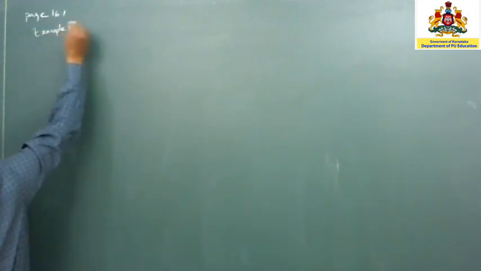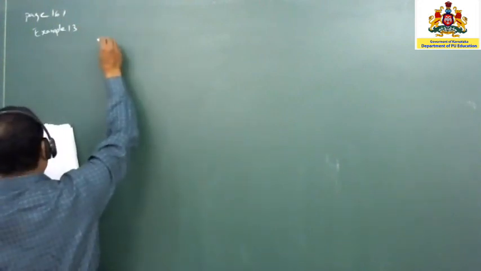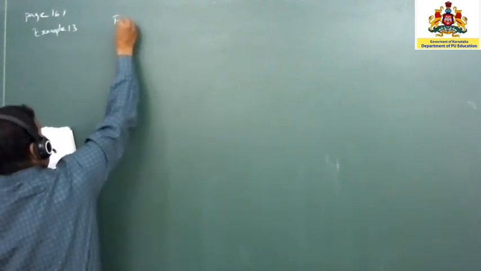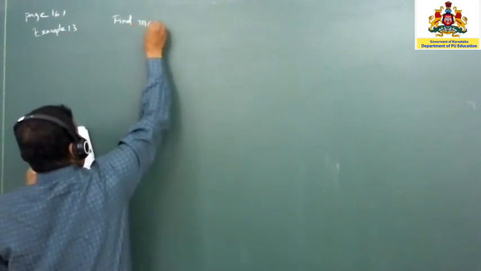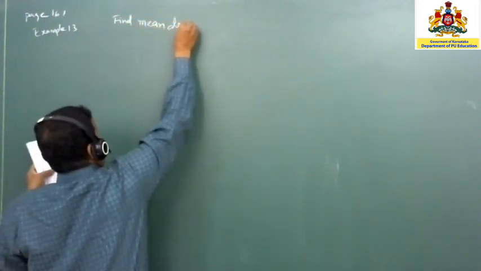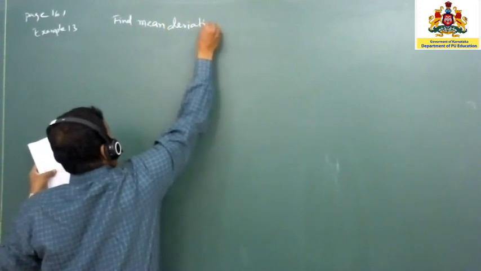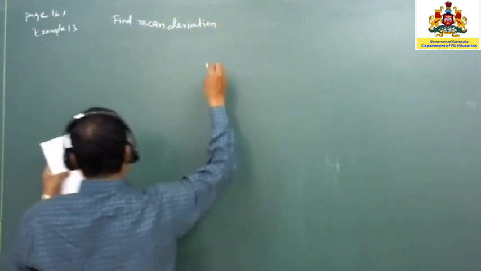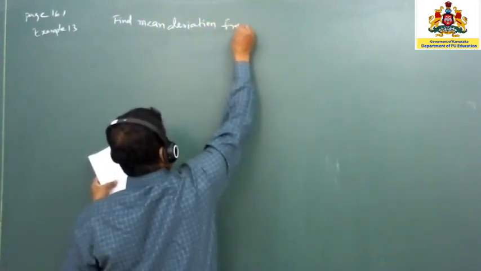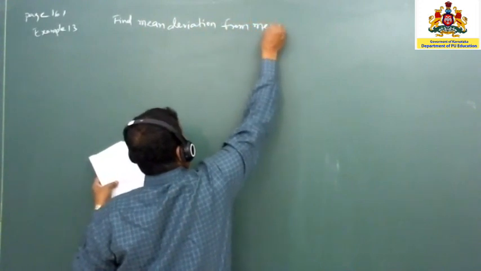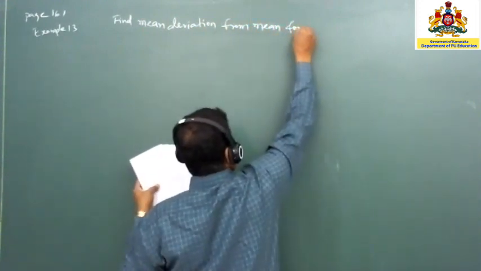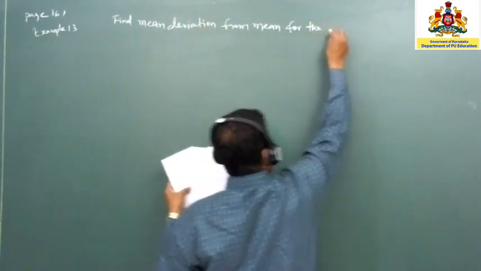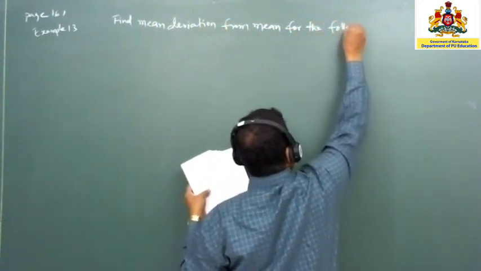Example 13. The question is: find mean deviation from mean for the following distribution.